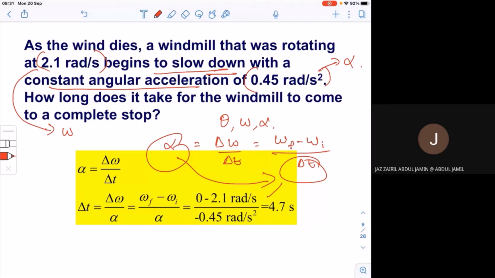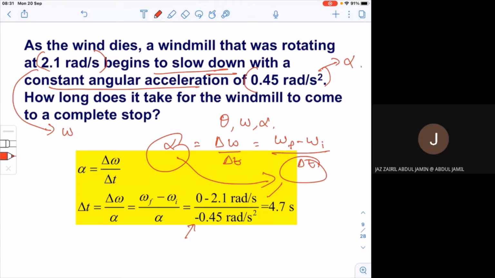Look at how they write it down. It begins to slow down with a constant angular acceleration. That means the acceleration is decreasing, so you need to put the negative, because the acceleration is decreasing until it stops the motion of the windmill.